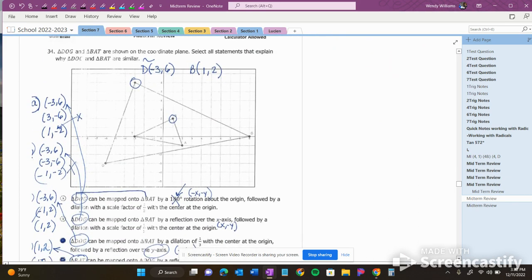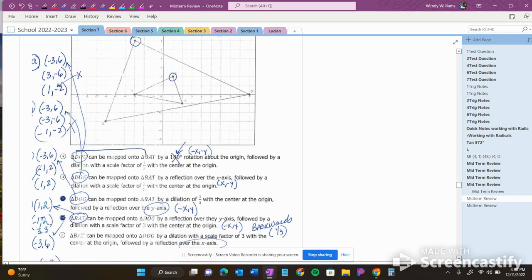Same thing here. Dog and bat are shown in the coordinate plane. Select all the statements that explain why. Take one coordinate and move it for each and every one. Notice that D has to map on top of B. It can't be rotated by a 180 because the coordinates don't work.